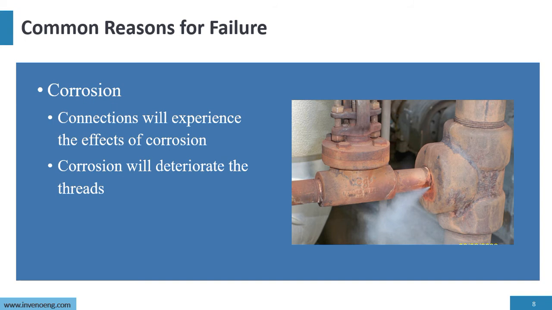Corrosion. One of the things that we deal with in the steam and condensate system is corrosion. The most talked about corrosion is CO2 corrosion or carbonic acid, which is mostly prevalent in the condensate system.